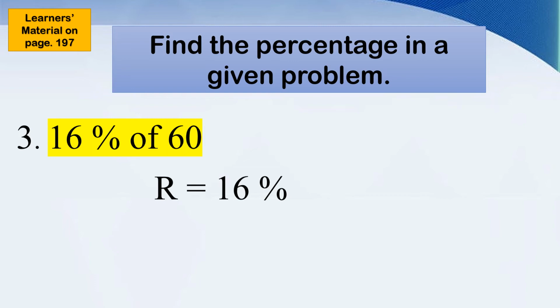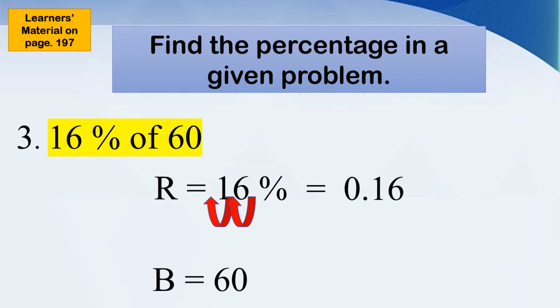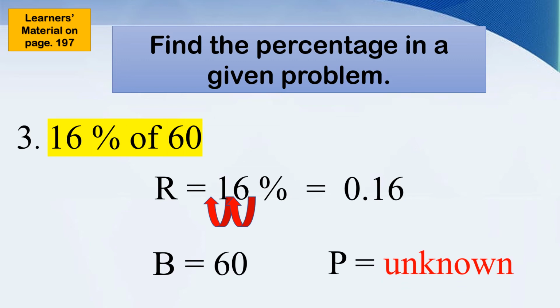Divide 16 by 100 or simply move the percent sign 2 decimal places to the left, then change the percent sign to decimal point. So our rate is 0.16. Our base is 60 and percentage is unknown.